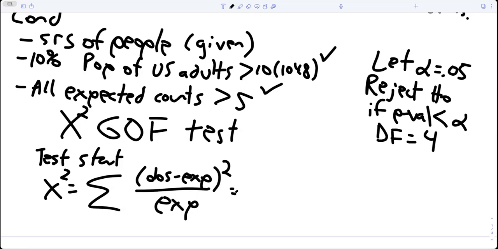Go to the spreadsheet on your calculator and create 2 columns with the observed and the expected. Then run the chi-squared goodness of fit test.